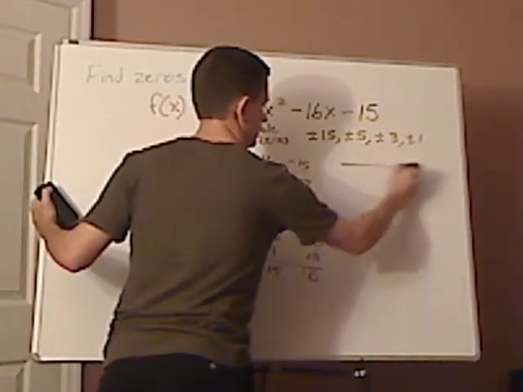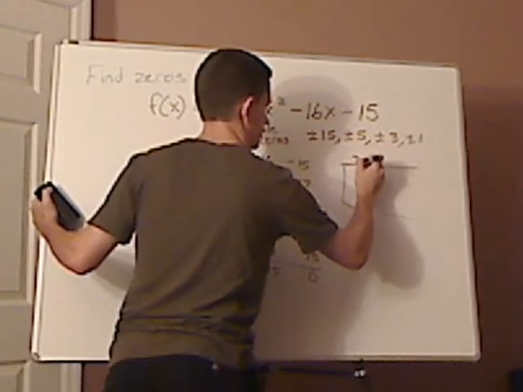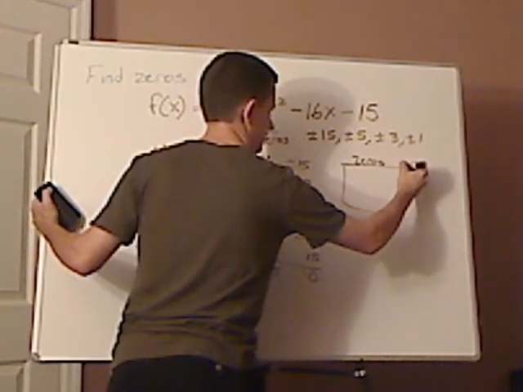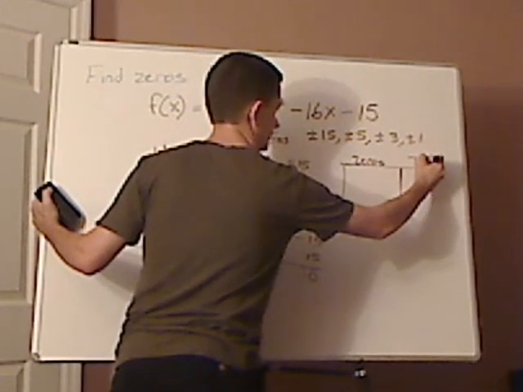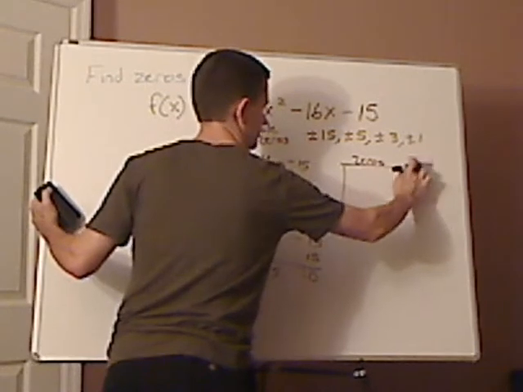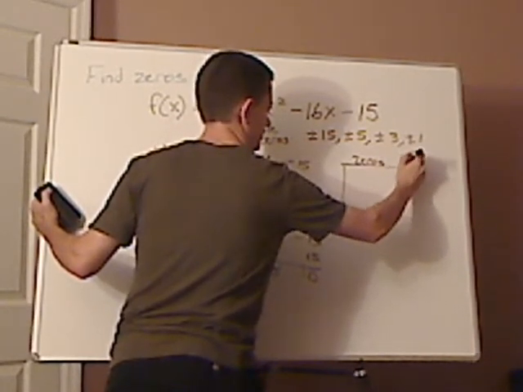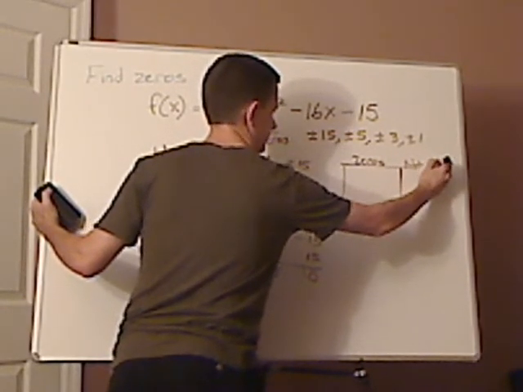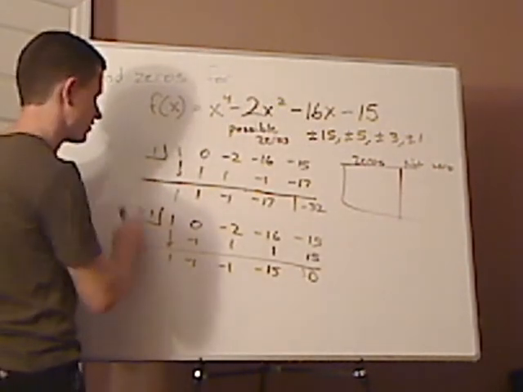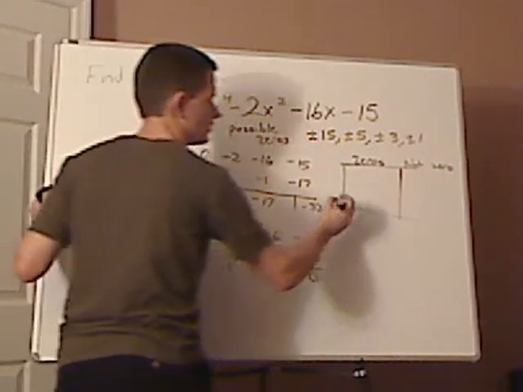So I'm going to keep a list of zeros, and not zeros. So 1 is not a 0 and negative 1 is.